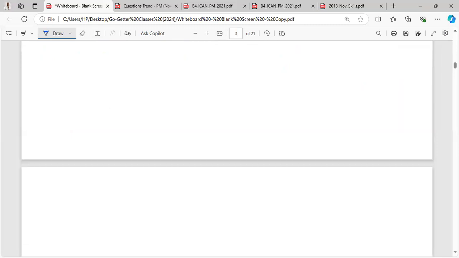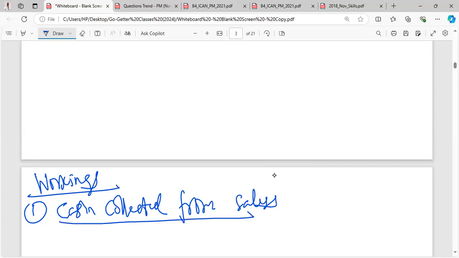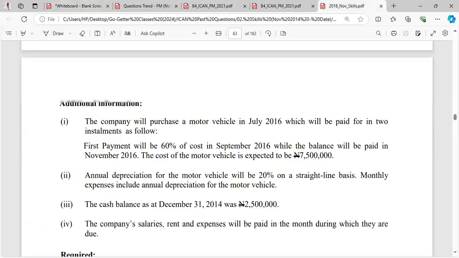So let me use here to do my workings. Workings. So this is number one, cash collected from sales. And we are given 2013 to 2017.